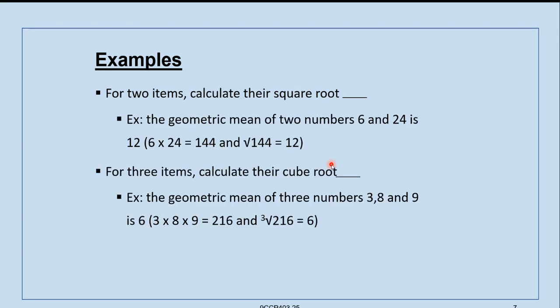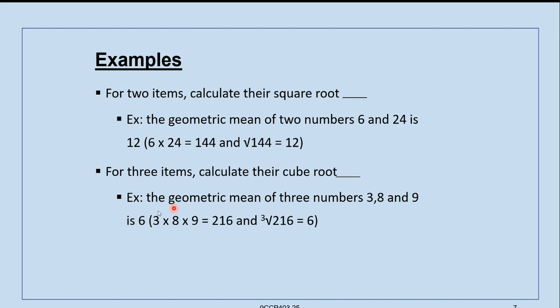For example, here for two items, calculate their square root. I have explained to you, the two numbers are 6 and 24. That is 6 into 24, the product is 144, and the square root of 144 is 12.